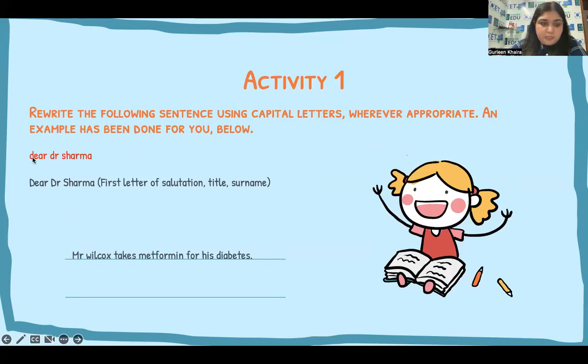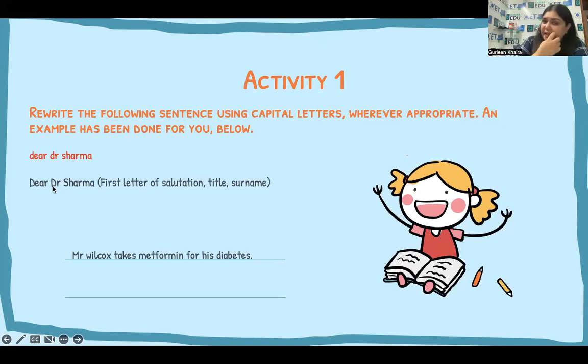So if you look at the phrase in red, dear Dr. Sharma, this is not correct because, one, for the salutation, for dear, D would be capitalized. Then doctor's D will also be capitalized.